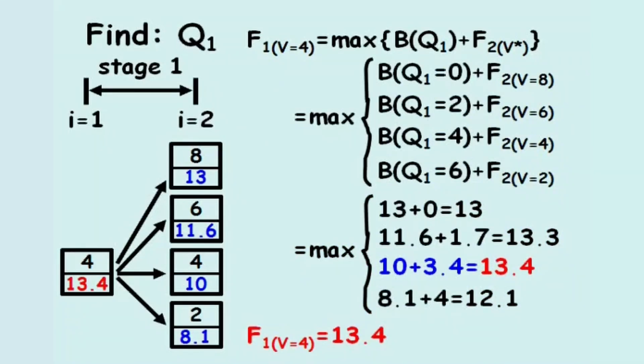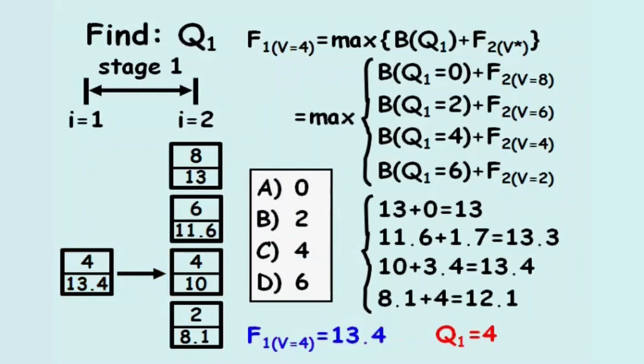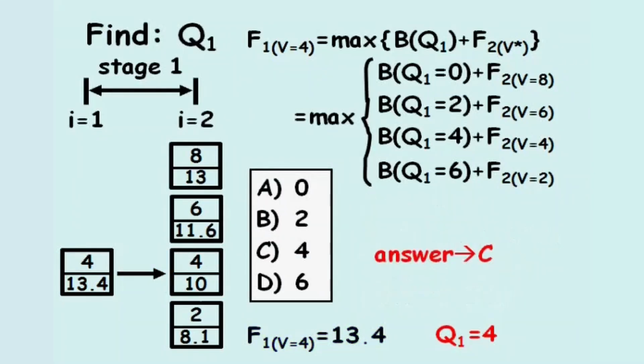This maximum benefit of 13.4 is associated with a Stage 1 release of 4 units of water. When reviewing the possible solutions, the answer is C.